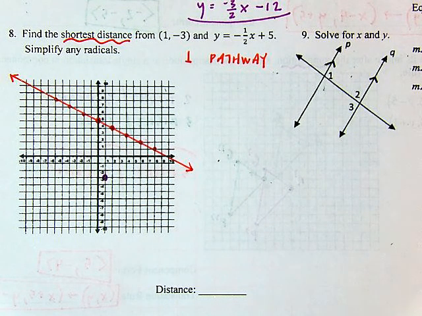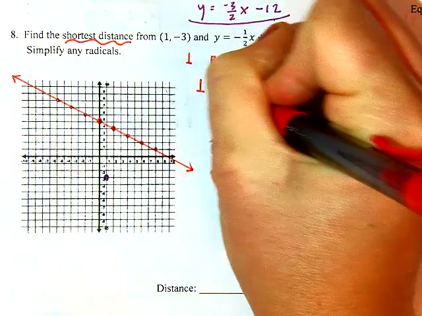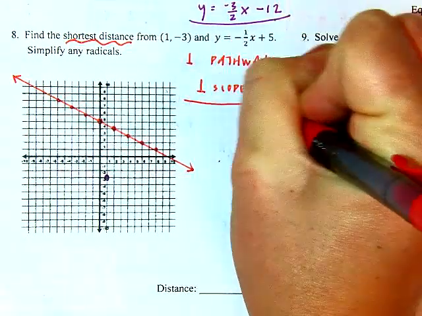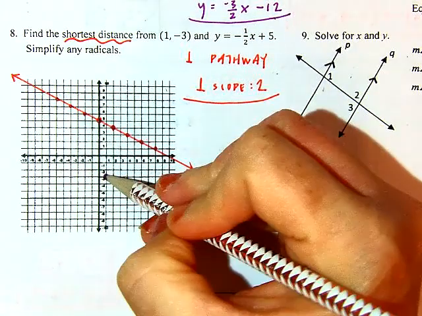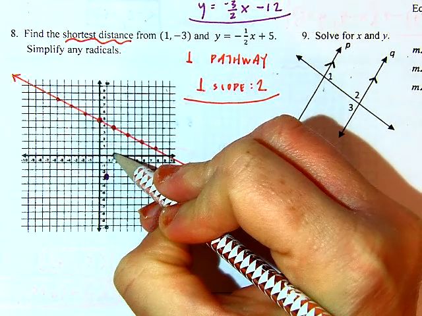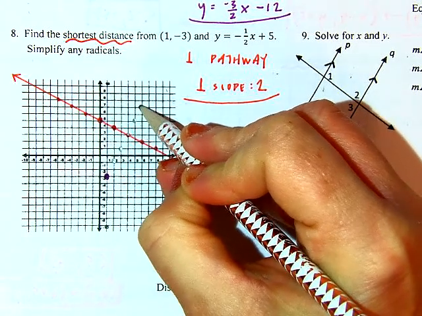Here, I know that my new slope, my perpendicular slope, has to be the opposite reciprocal. So it has to be a +2. With a pencil, I'm just going to start at this point, go right 1, up 2, and right 1, up 2, and so forth.